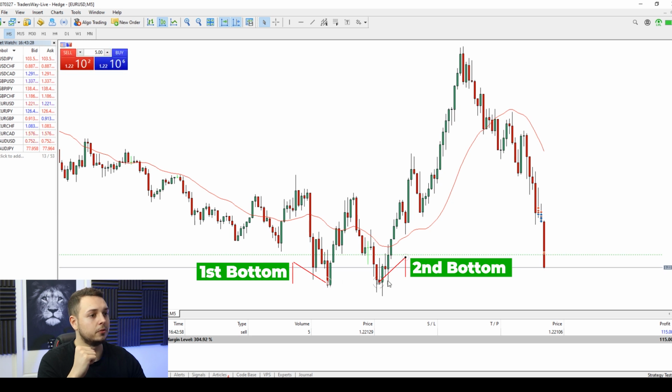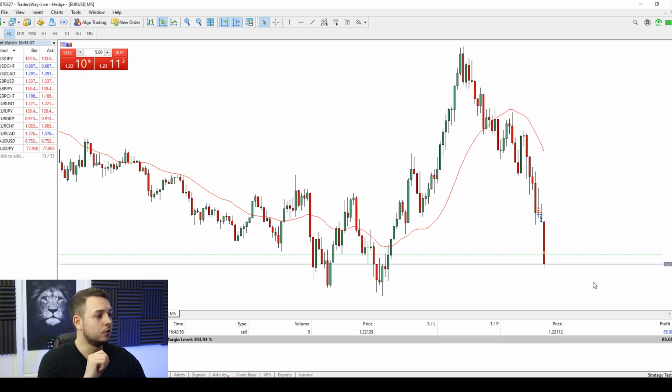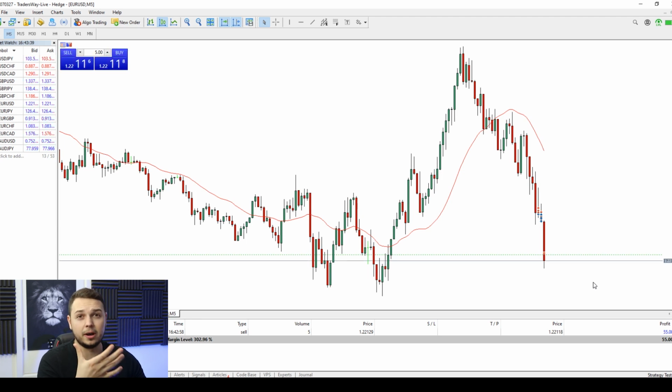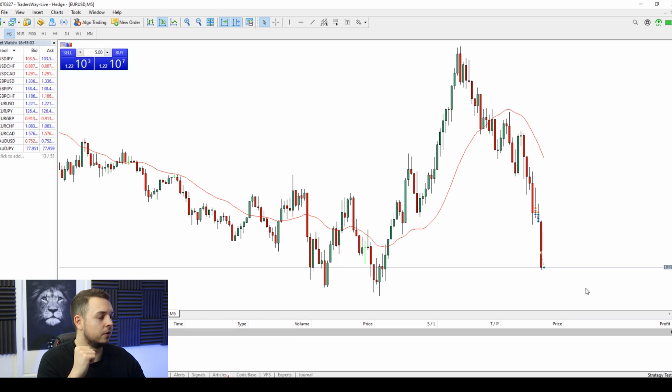As you can see, the first bottom, second bottom, very likely it will retest this area zone. So we'll see if that happens, but currently $70 in profit, which is what I like to see on the Euro USD currency pair. So as you can see, it's playing around 100 zone, 125. I'm just going to close off this trade at the moment because I am expecting some sort of pullback.